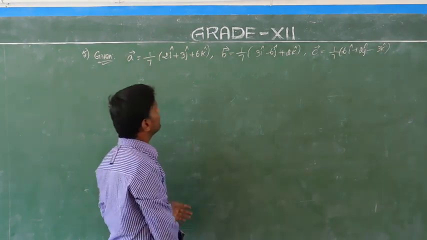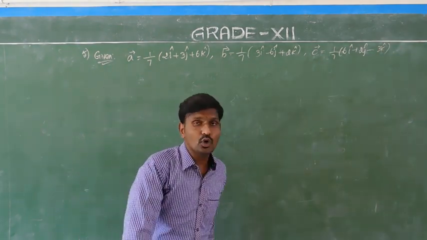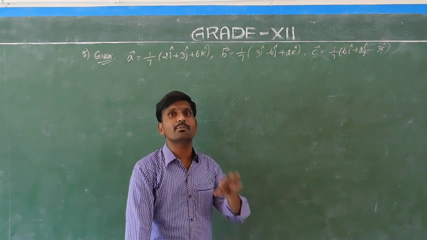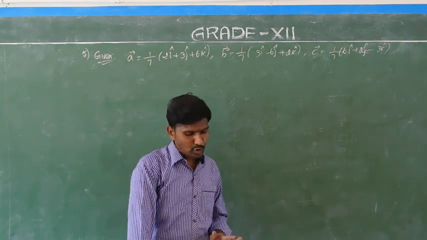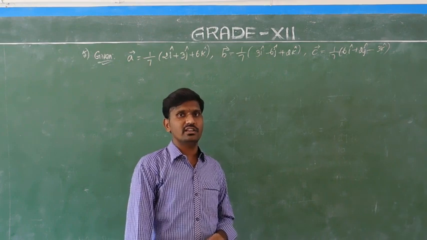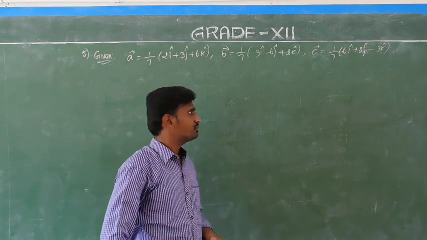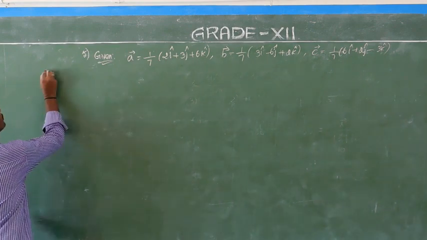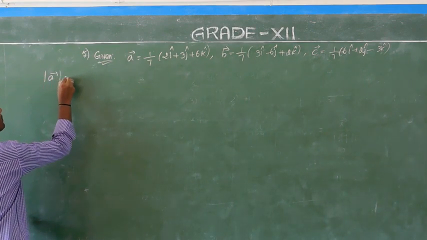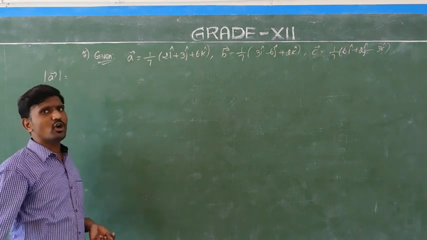Okay. Now listen. What they are asking: show that each of the given vectors is a unit vector and prove they are perpendicular to each other. So first you should find modulus of A. Why are you taking the modulus of A?